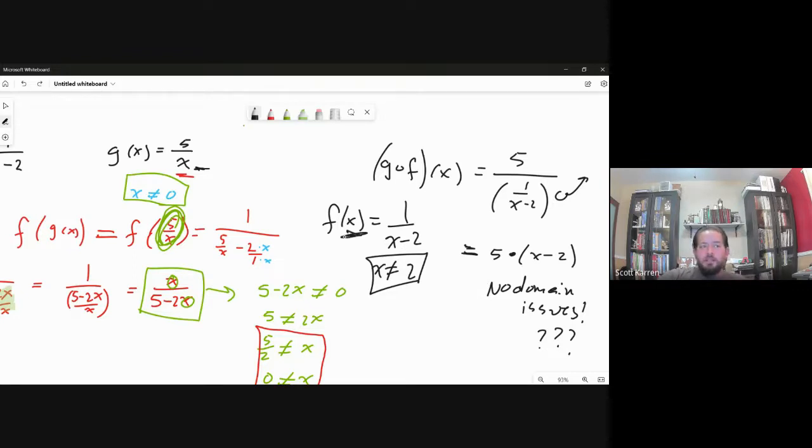But f carries that domain issue with it, because I can't evaluate f at 2. I can't then say that there's a number to input into g at 2, right? And so are there domain issues? Yes, there are. That domain issue is that the primary function, the input function, has a domain issue, and that carries all the way through the problem.